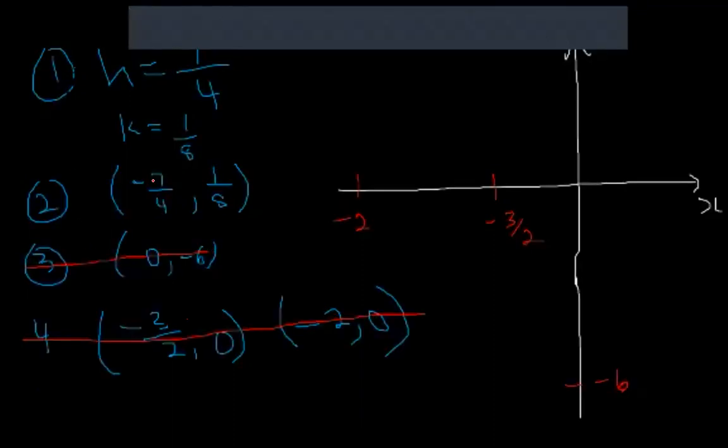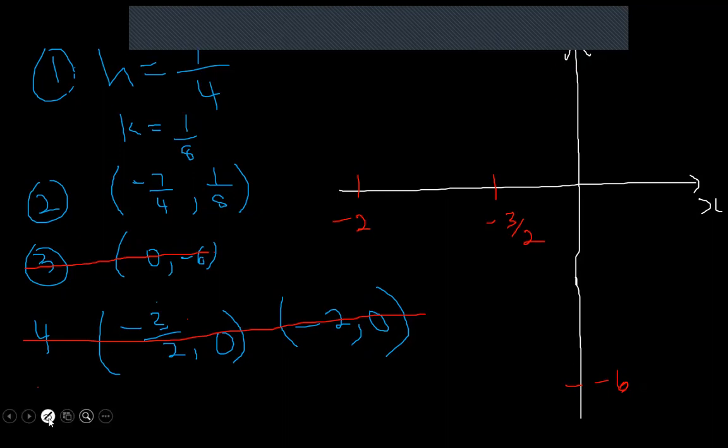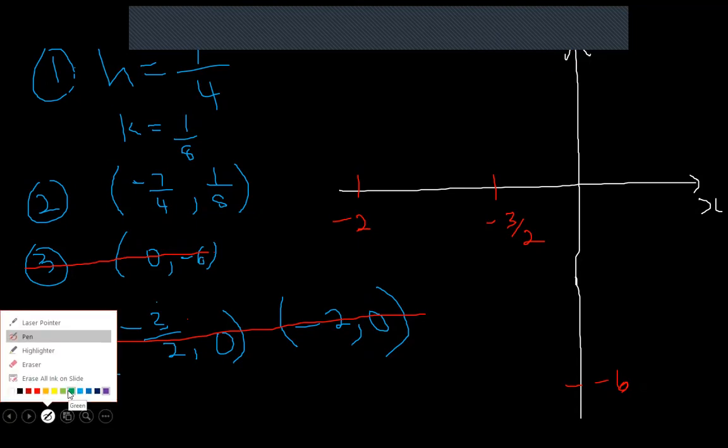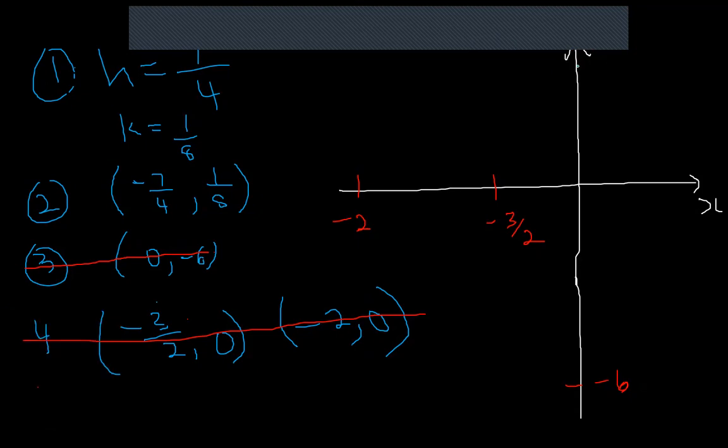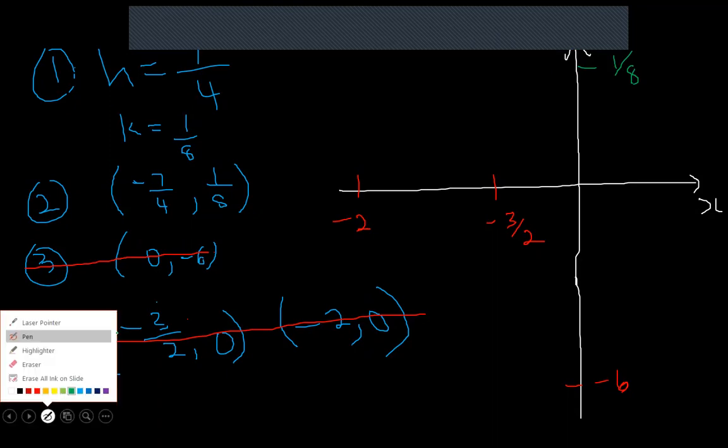And then I said my maximum point is minus 7 on 4, 1 and 1/8. Okay. So let's say that this up here, I need a different color for this one, is an 8, because this is my y value, right?